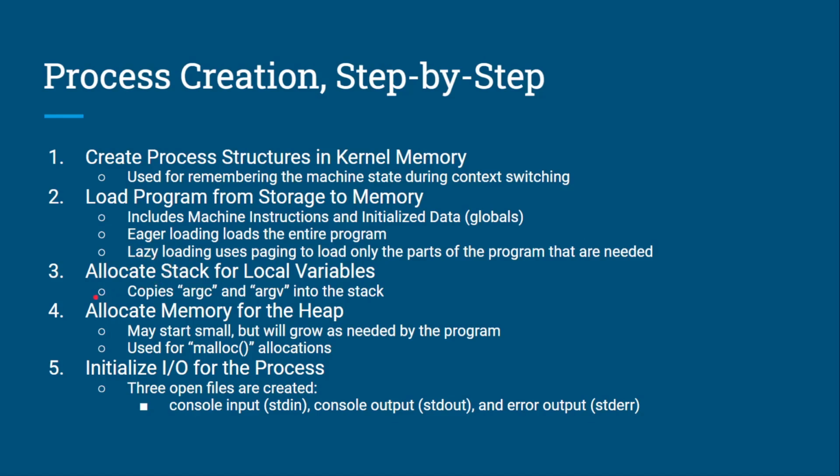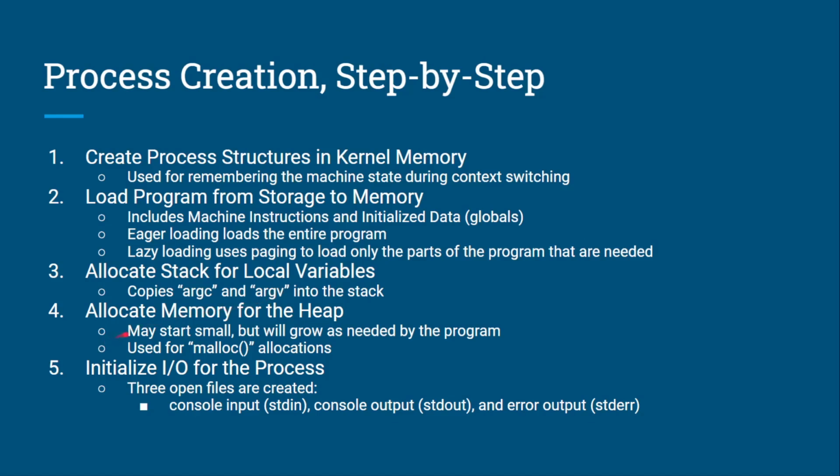Another thing that happens when you load a program is that the stack for local variables is created. This stack is used to keep track of local variables as well as what is called the call stack. Initially, when the stack is created, there are two variables, argc and argv, that are put into the stack to be accessed by the main method.